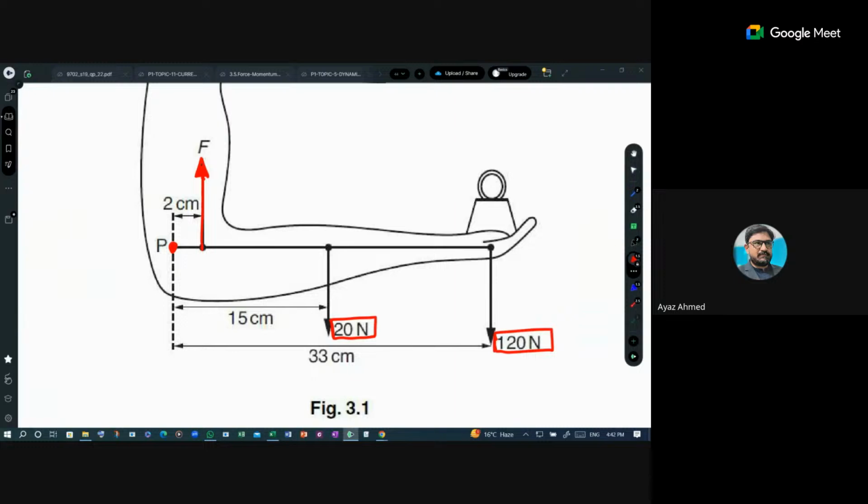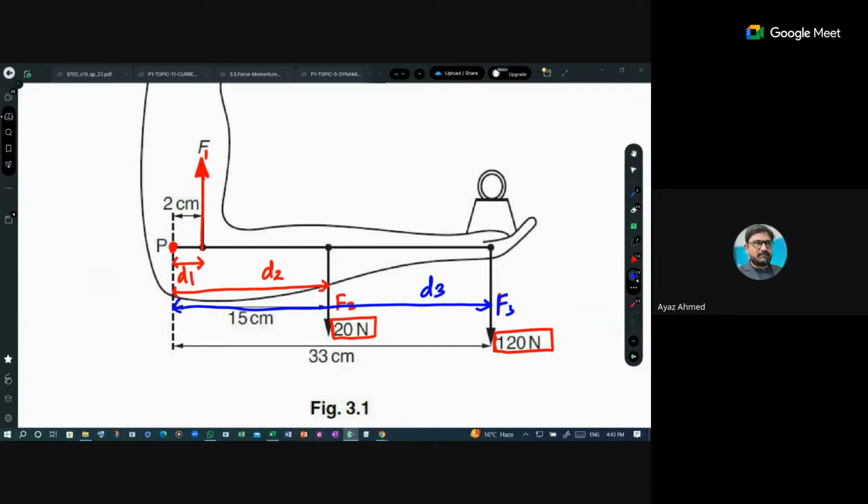Now look, this is the distance for this force. This is F1, this is your D1, this is your F2, and from this pivot to this point, this is your D2, this is your F3, and the distance from this pivot to this line is your D3.